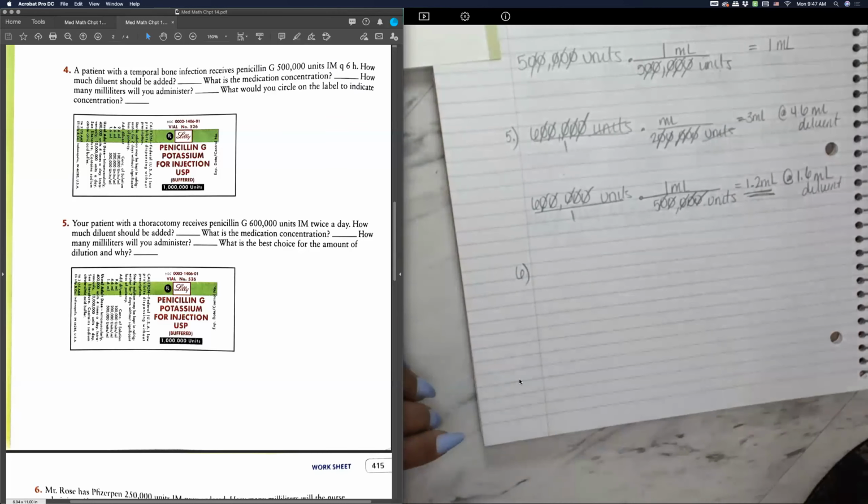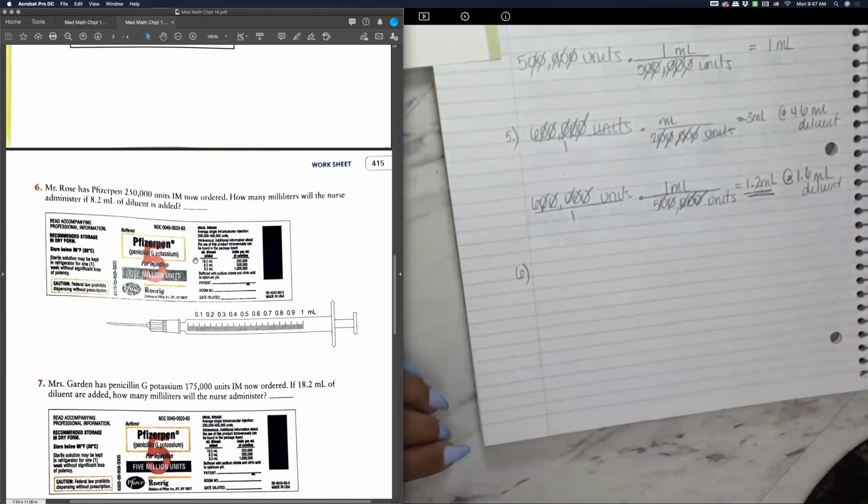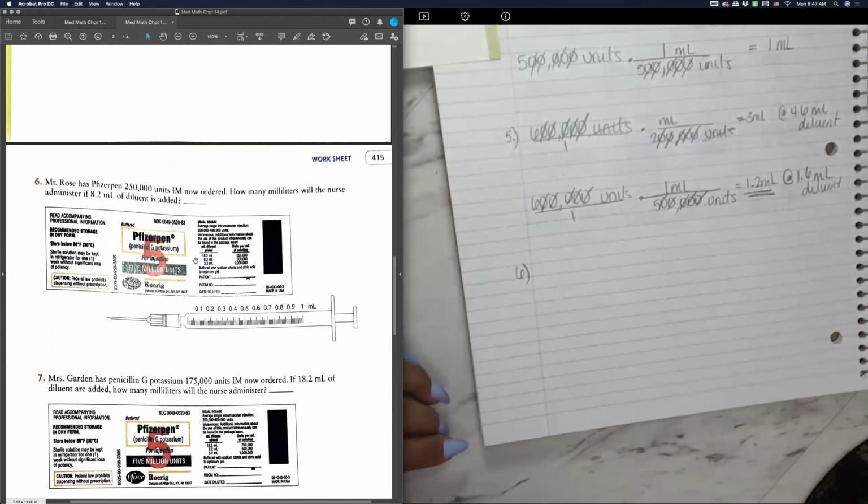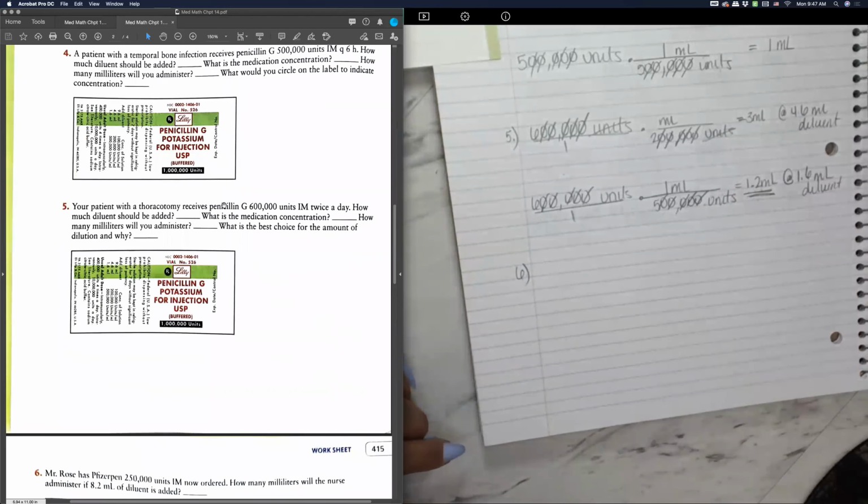Okay, so now let's move on to number 6. So number 5 was 1.6? Yes, we would choose to add 1.6 milliliters of diluent. And so, okay, let's go through the various parts of the question. How much diluent should be added?